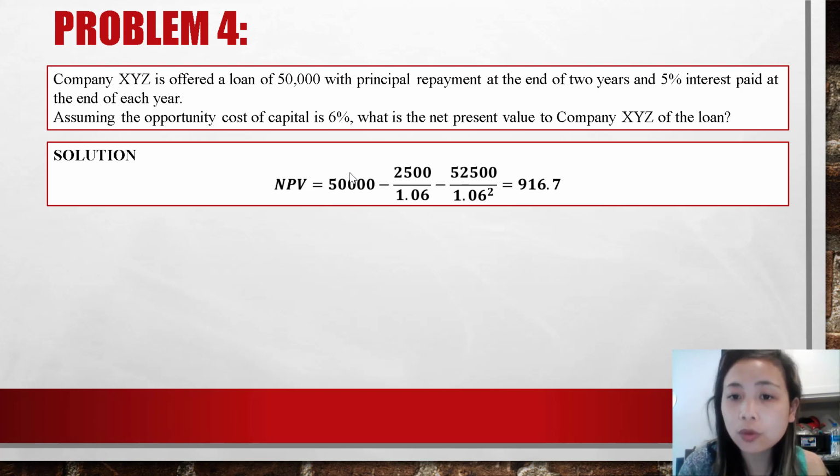At time 2, we pay another interest and also the principal, which means at time 2, we have to pay the company 52,500. And the present value of it should be 52,500 over 1.06 squared. Using a calculator, we find out that the NPV here is 916.7.